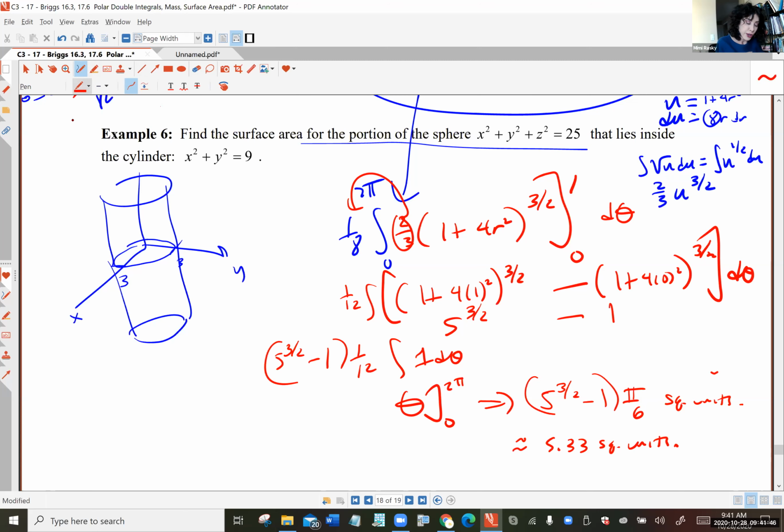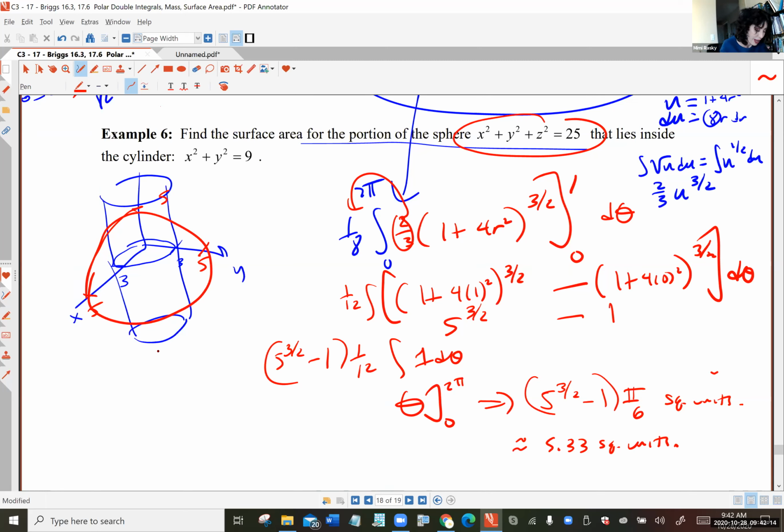What is it? You're trying to find the surface area of the part of the sphere that's inside of this can. Are you kidding me? No, I'm not kidding you. So if you graph a sphere of radius 5, centered at the origin, now that's a sad looking sphere. Now, what is the portion of the sphere that lives inside of the can?